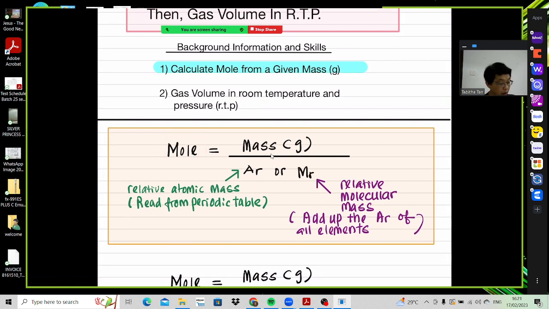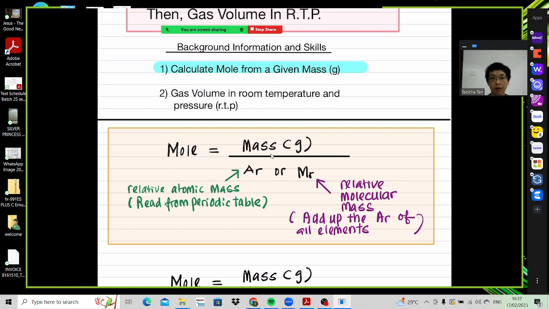This is the formula that you want to keep in your permanent memory, which will prove so beneficial to you. Here you go: mole equals the mass divided by AR or MR. Now I have also written down what AR and MR are, just in case any of us doesn't know.